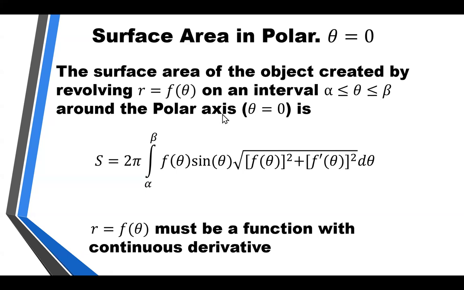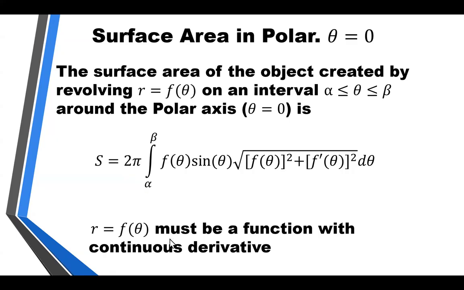And if we're going around the polar axis, which is another name for the x-axis, it's the line theta equals 0. So if we're rotating around the polar axis, then the radius is a y value. And the y value we know is r times sine of theta. So we just multiply our arc length formula by 2 pi times radius, which is in this case a y value, times my arc length square root, and then integrate that from alpha to beta.